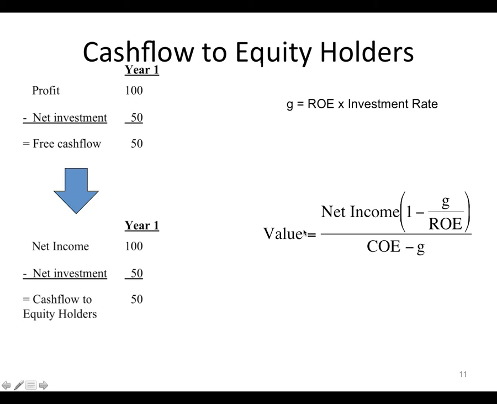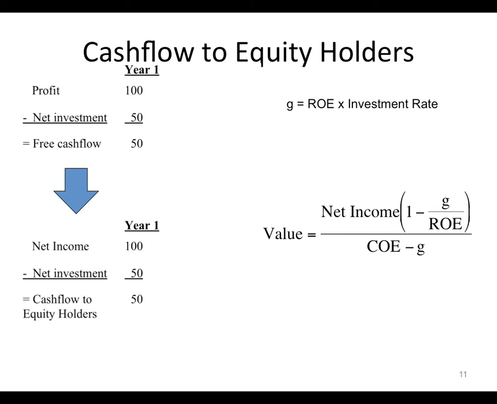The return on invested capital, the return on the debt and equity, becomes the return to the shareholders, which is the return on equity. And the cost of capital, the WACC, is the risk of the debt and equity. If I just care about the equity cash flows, it's just the cost of those equity cash flows, the cost of equity.